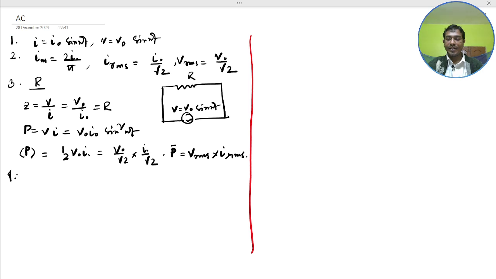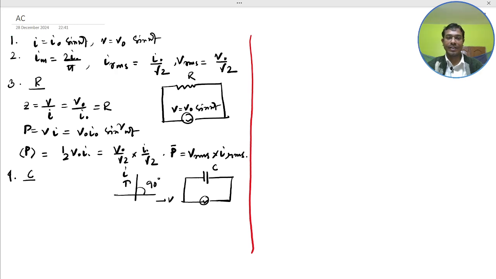Next one, AC circuit containing only capacitor. So here just a capacitor and all the same, and put the AC, this one. So here I leads the EMF by 90 degree. The characteristic of I versus V is 90 degree.